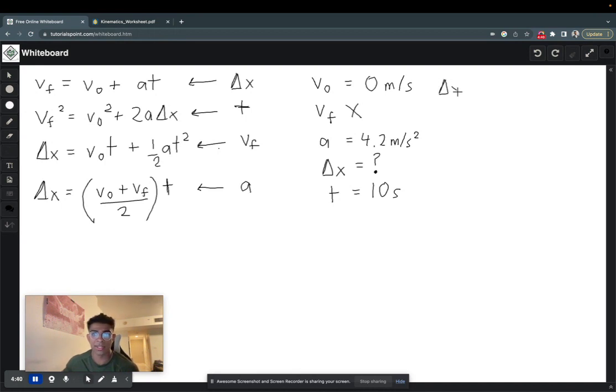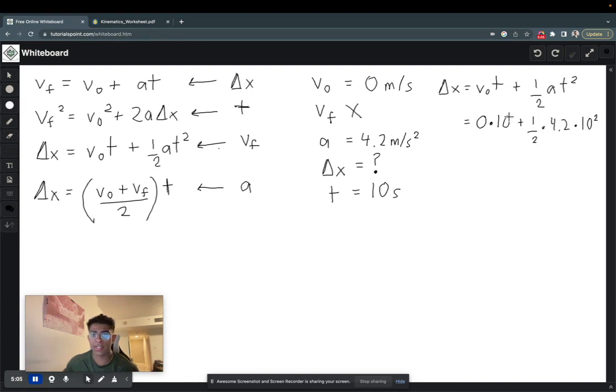So displacement equals v initial times time plus 1/2 acceleration times time squared. That would equal v initial, which is 0, times 10, plus 1/2 times 4.2 times 10 squared.